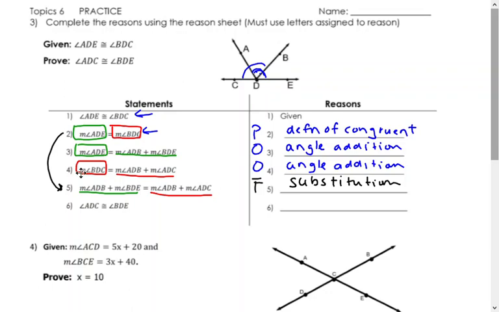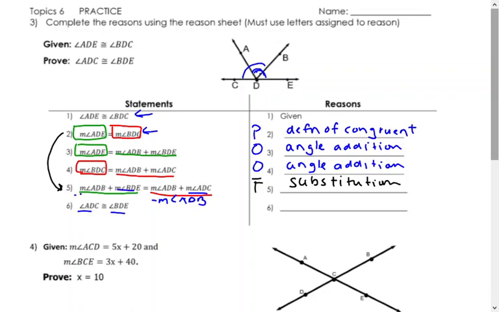Now if we look at the end between 5 and 6, we have 2 angles equaling 2 angles, and we're ending up with 1 angle equals 1 angle. So what's really happening here, we're also switching them around, but we're being left with ADC, and to get that way, we're subtracting the measure of angle ADB. And on the other side, we're left with BDE.